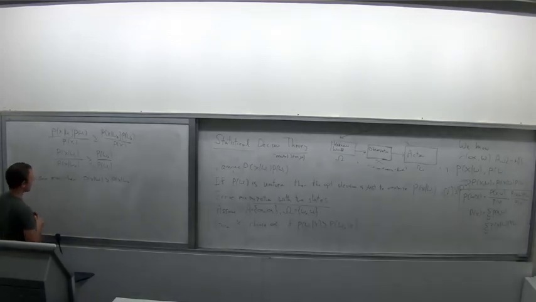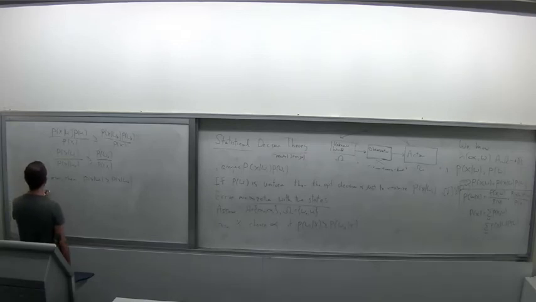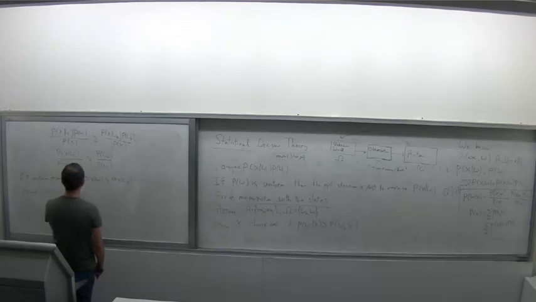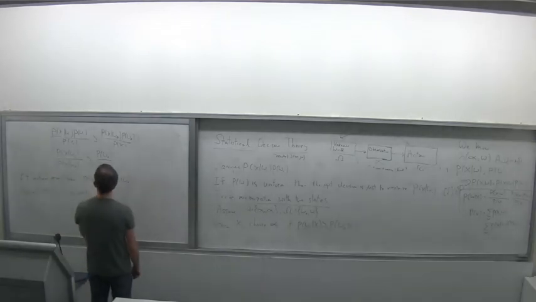Okay. But now let's assume the priors are not uniform, just so we understand the effect of the prior. So let's assume P of omega 1 is very small. Okay? Then, what do we have?